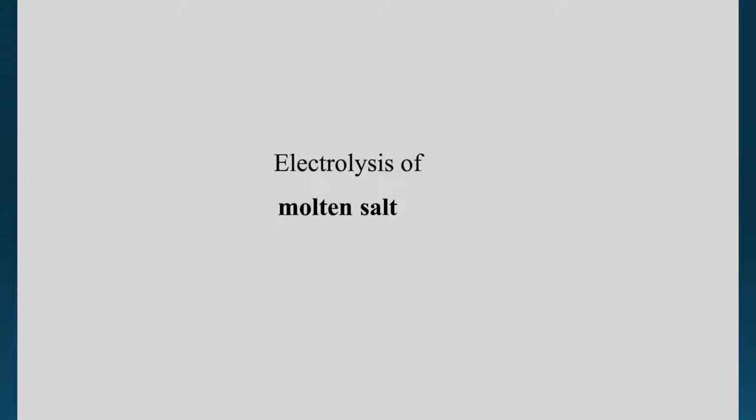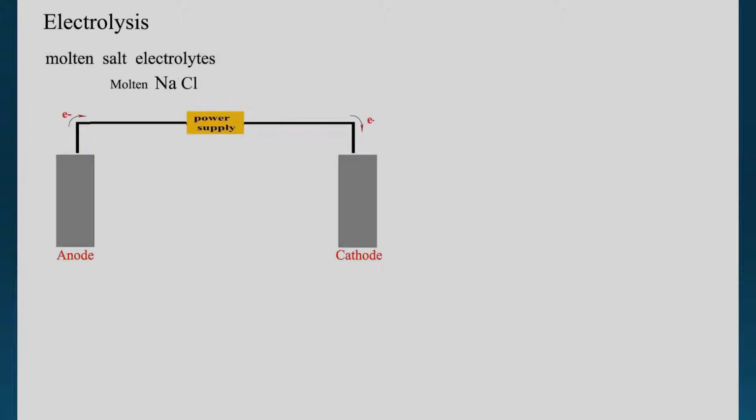Now let's look at the electrolysis of molten salt. If you put molten salt between the anode and cathode, the anode is the positive rod we just mentioned.